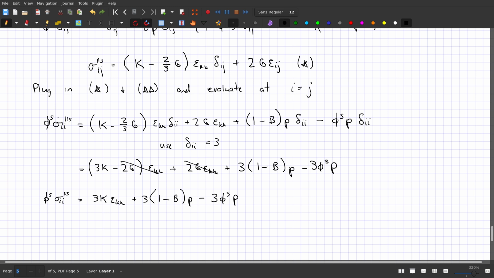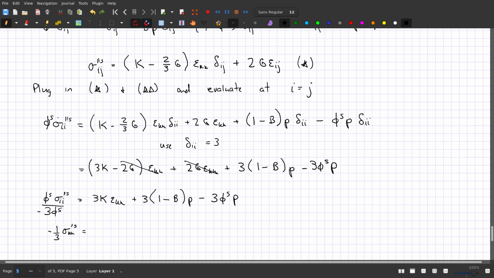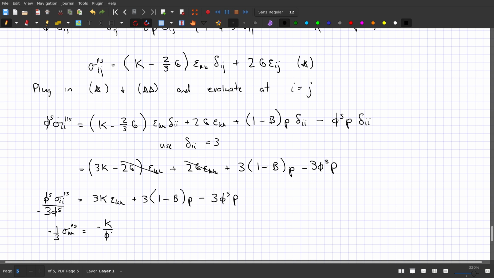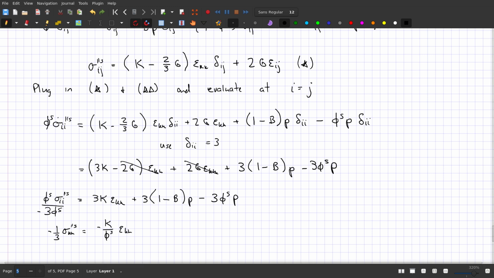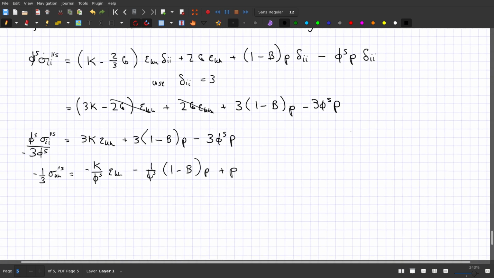Now I'm going to divide both sides of the equation by minus 3 phi S. So what I'll get over here on the left is minus 1/3 sigma kk double prime S is equal to minus k over phi of S sigma kk minus 1 over phi of S 1 minus b times p plus p.